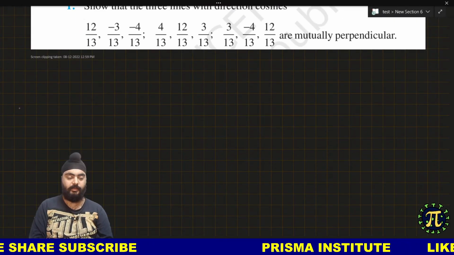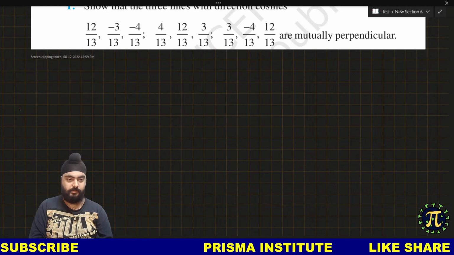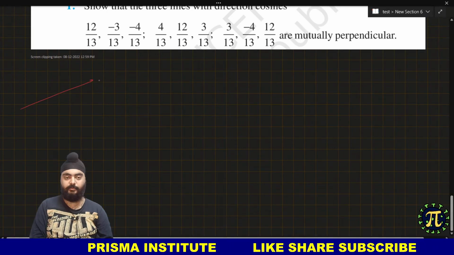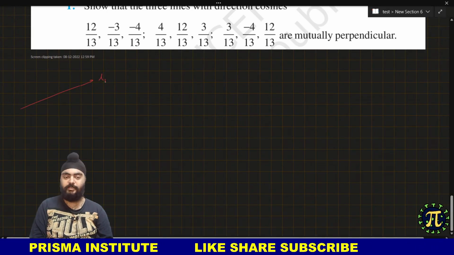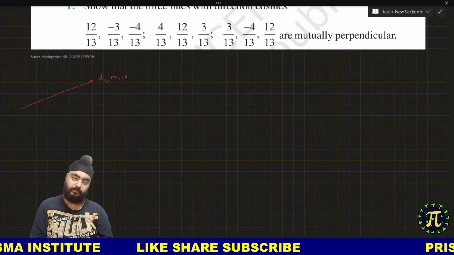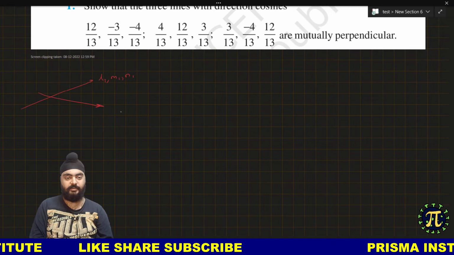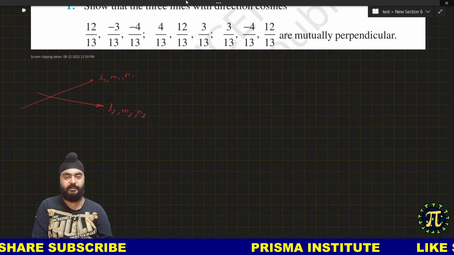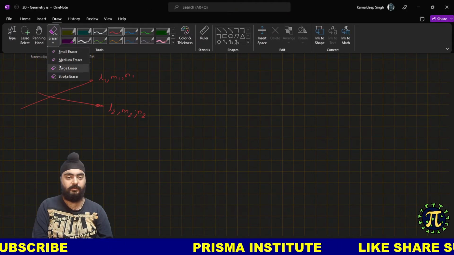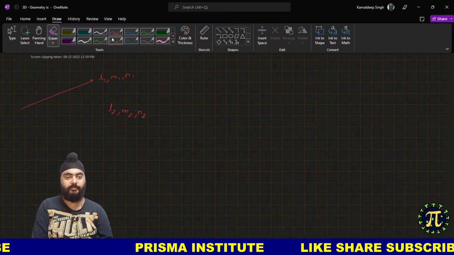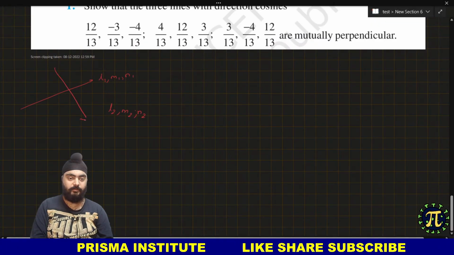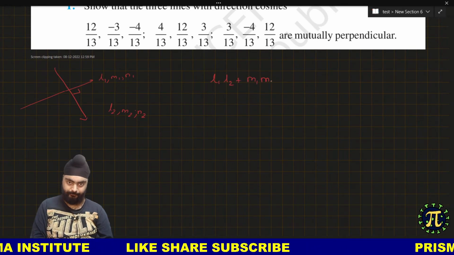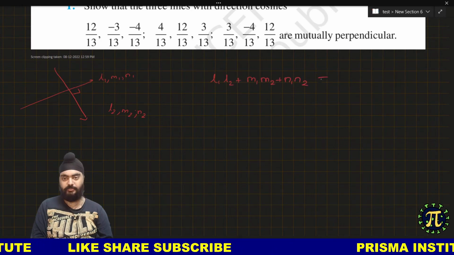So if, let's say, this line has direction ratios A, B, C and direction cosines L1, M1, N1, and this line has direction cosines L2, M2, N2, and if they are perpendicular, let's say if I remove this, and I draw a line which is perpendicular to this. So if they are perpendicular, the condition must be L1 L2 plus M1 M2 plus N1 N2 is 0.